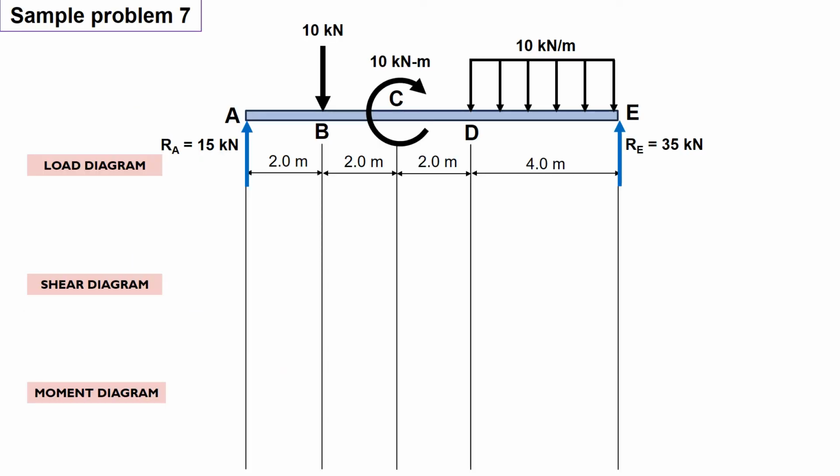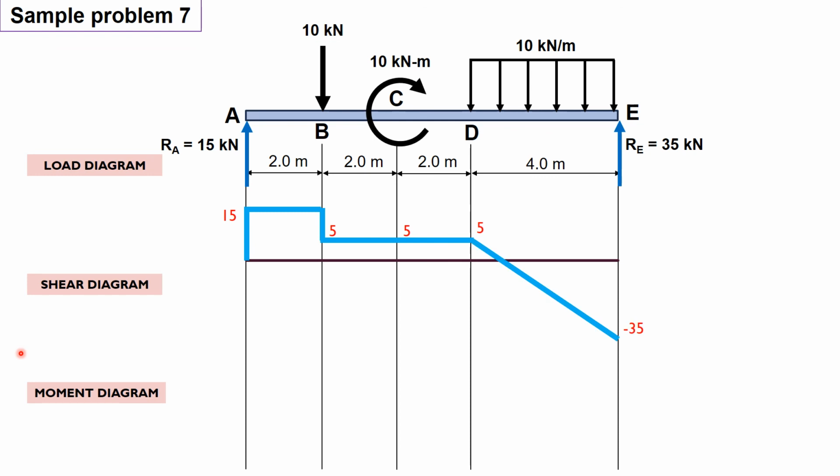So after solving for the distance x, so let us continue with the diagrams. So ito ulit yung ginawa natin kanina na diagram sa shear na dire-diretso natin na drawing yan, with that maximum shear of 35, then for the moment diagram.